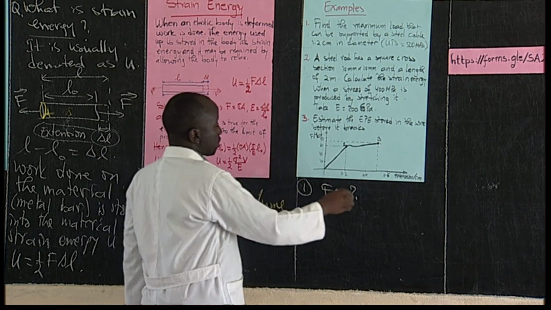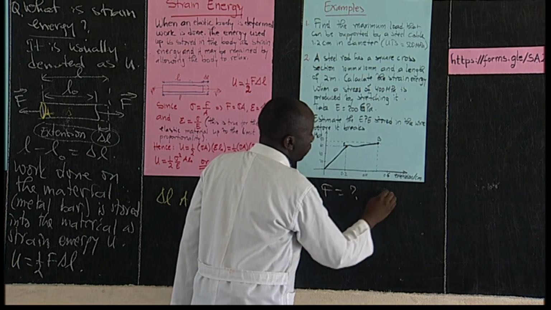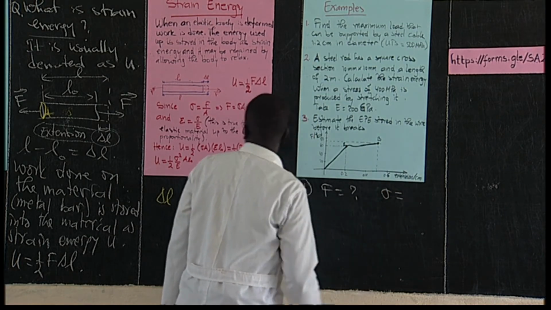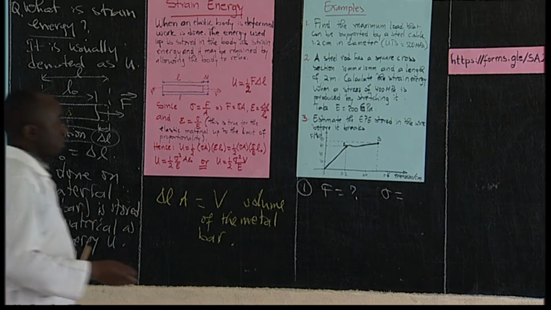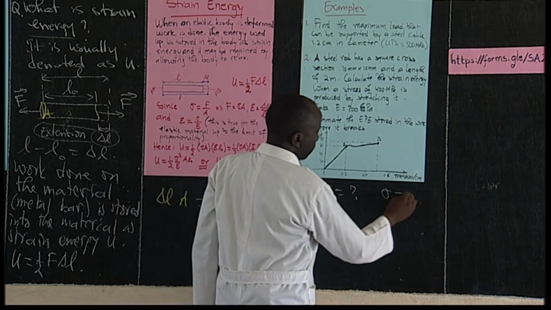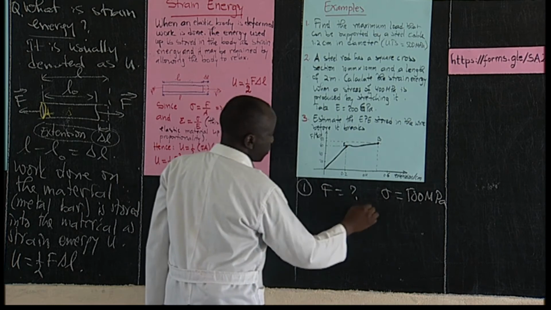So this is determined when we know the value of sigma, which is the stress. Since here we are given this UTS, or what we have called the ultimate tensile stress, the value equals 500 megapascal, and another is the area.